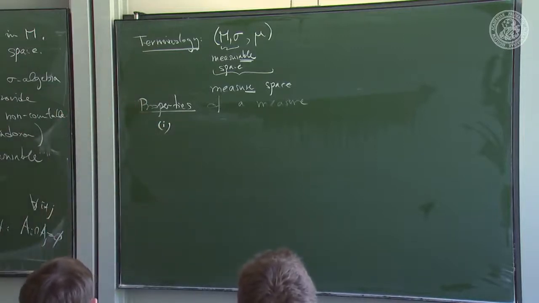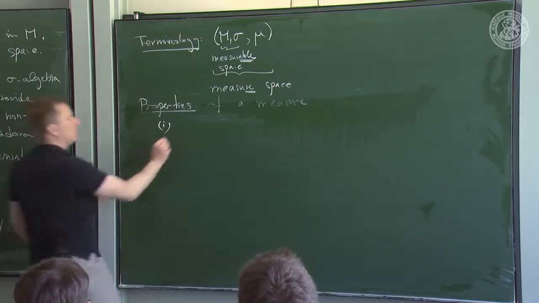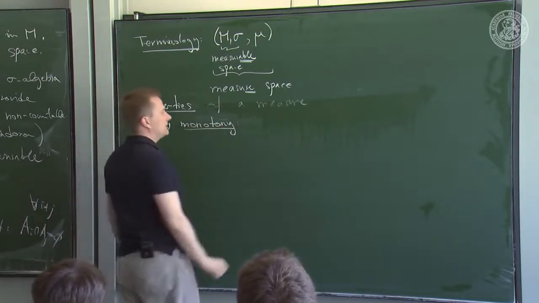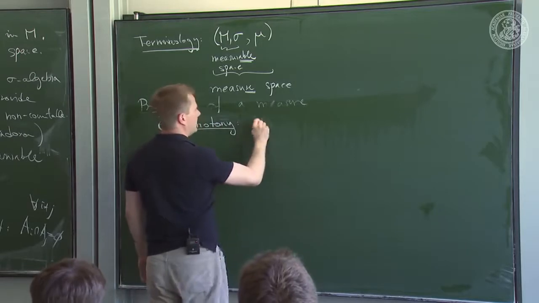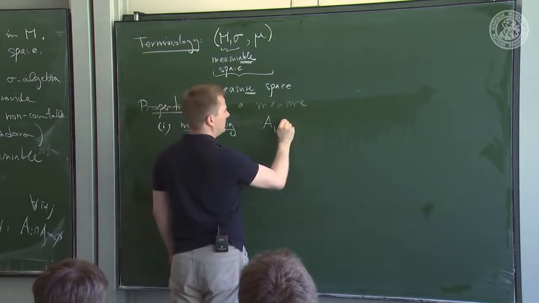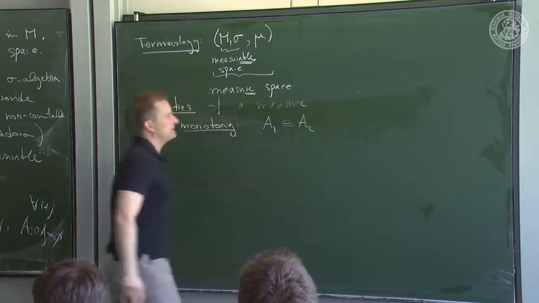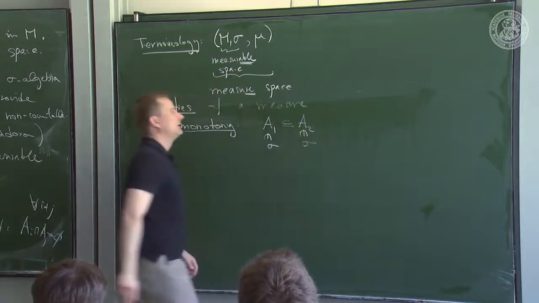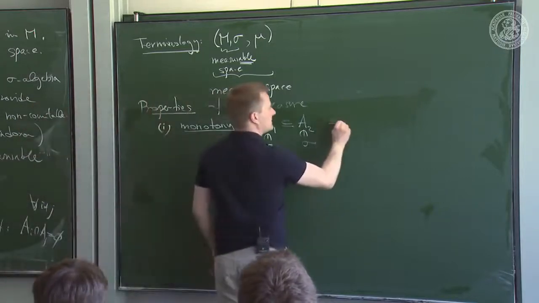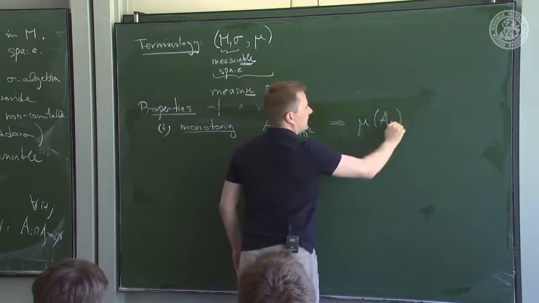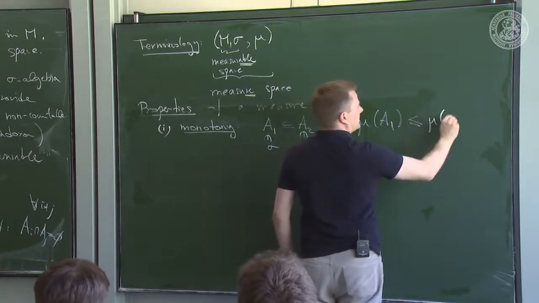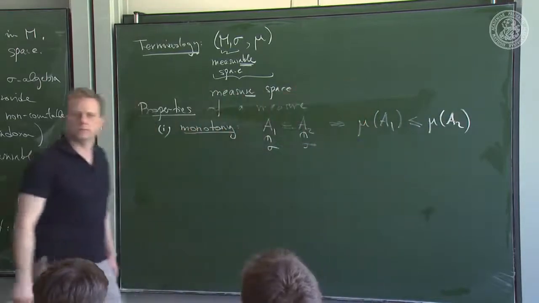The first property I would like to mention is monotony. The monotony of the measure means that if you look at a set A1 that lies inside a set A2, and both of these are supposed to be measurable, then it follows that the measure of the subset is less or equal than the measure of the superset.